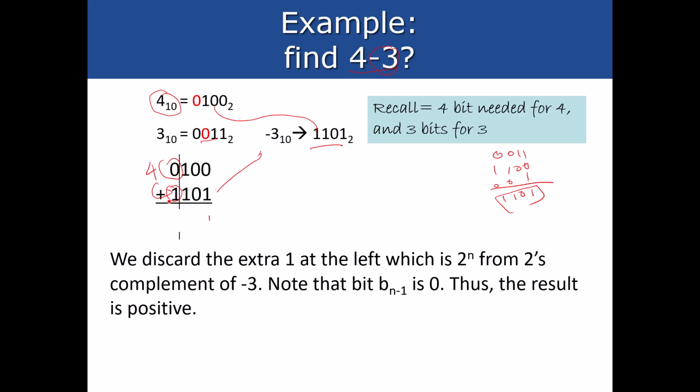This is crucial when we get the results. When we add, we get this number, and we just discard this carry value here, and what is left is 0 0 0 1, which is 1, right? Which makes sense, because when we subtract 4 minus 3, the result is 1.